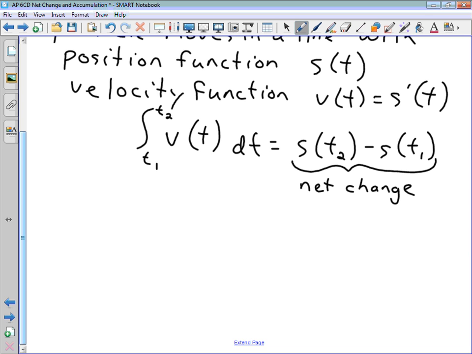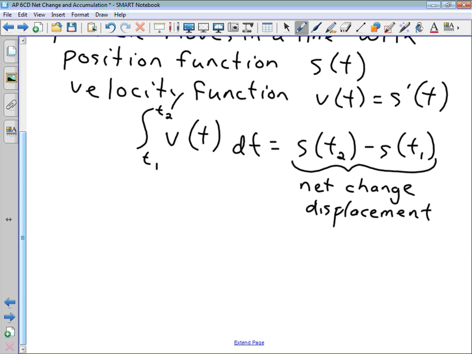And when we're dealing with positions, what special name do we give to the net change in the position between two intervals in time? Yeah, we call this the displacement. And as we said, when we were talking about distance and displacement, displacement doesn't depend on the path taken.